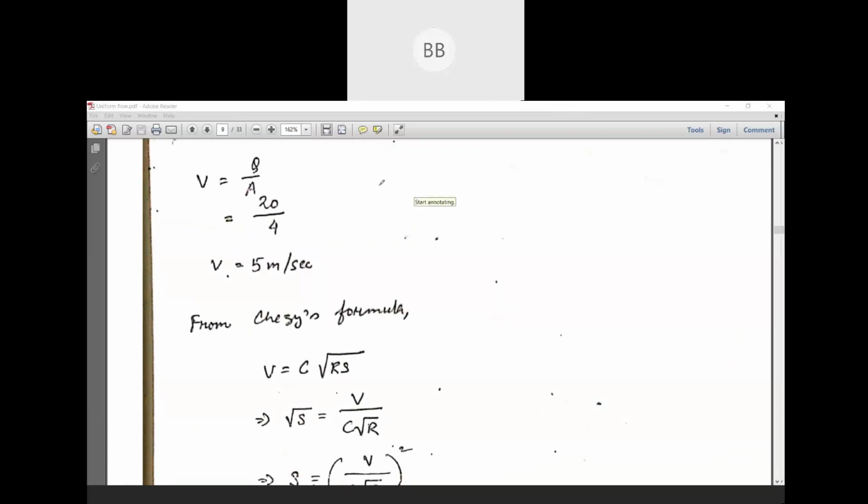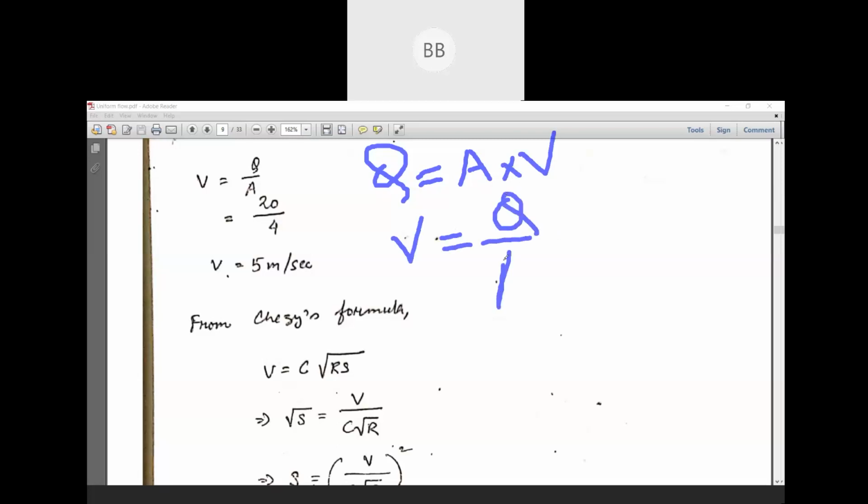Now for velocity, we know discharge equals area into velocity. So velocity is nothing but discharge divided by area.